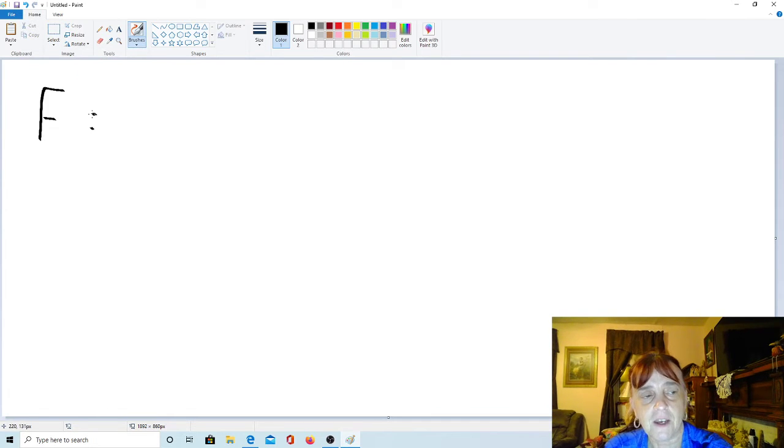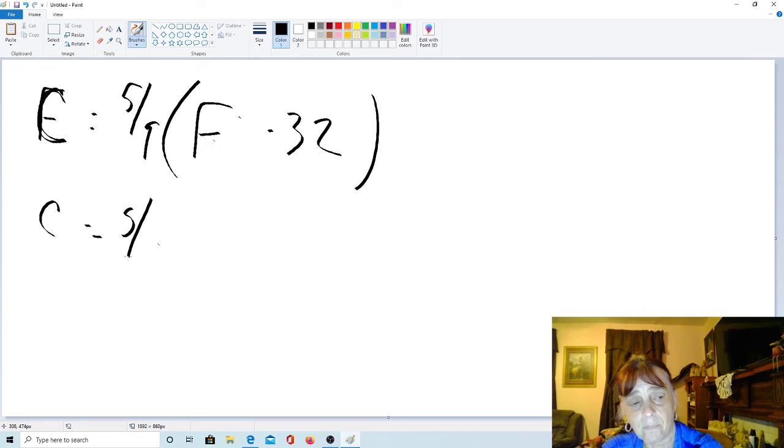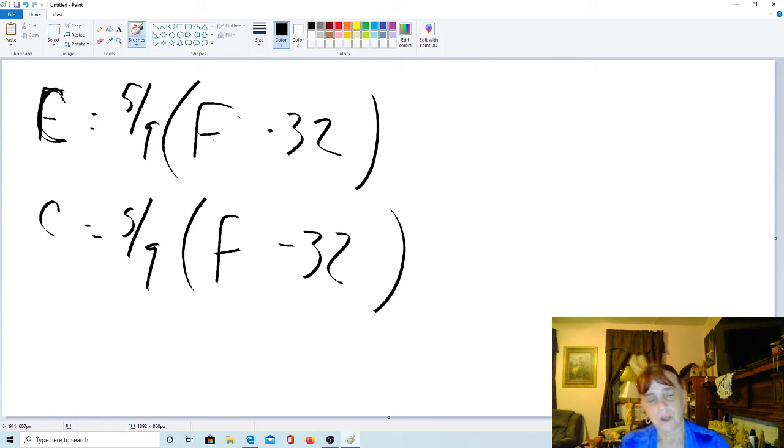So F is 5/9, open parenthesis, wait a minute, I had that wrong. C here is 5/9 times F minus 32. There's a C here. So if it's 70 degrees Fahrenheit, you can find your degrees Celsius.